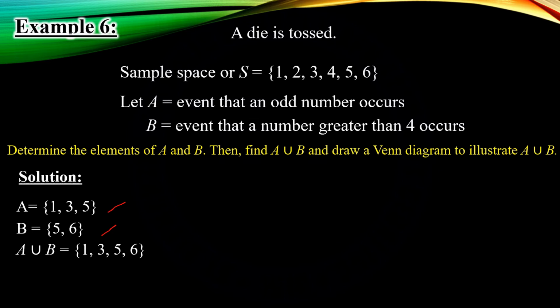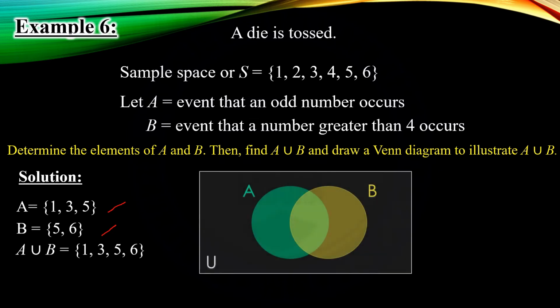For the illustration using Venn diagram, we shaded both events A and B here since we are asked to illustrate A union B. We put 5 at the center or at the intersection part because this element or outcome can be found in both events A and B. We put 1 and 3 here because they belong to set A only.